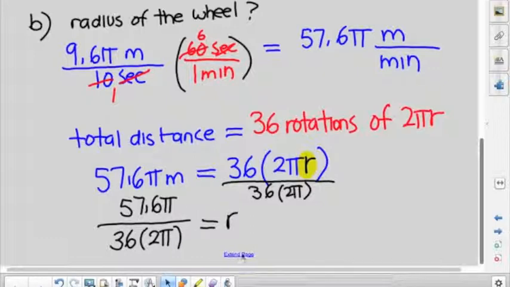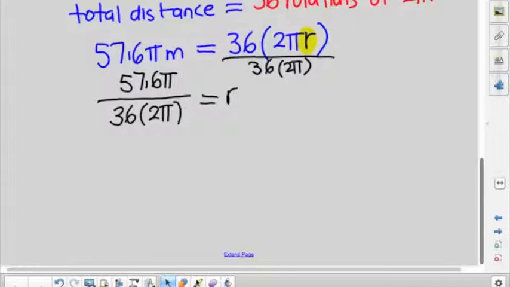And remember, once again, the 2 pi's cancel each other out. This pi cancels out with that pi. So you're basically doing 57.6 divided by 36 times 2, and you'll get a final answer of your radius is equal to 0.8 meters.